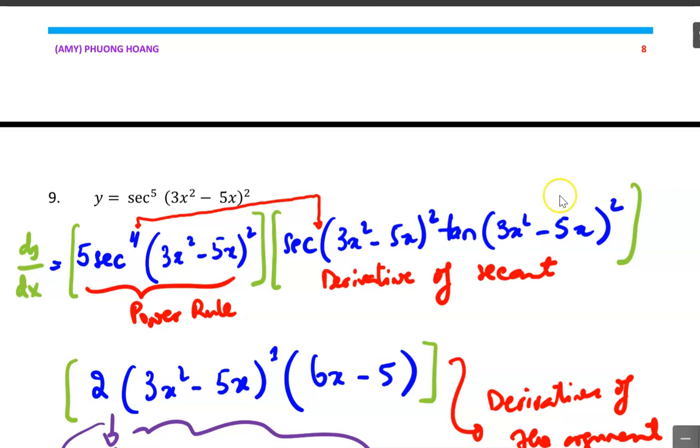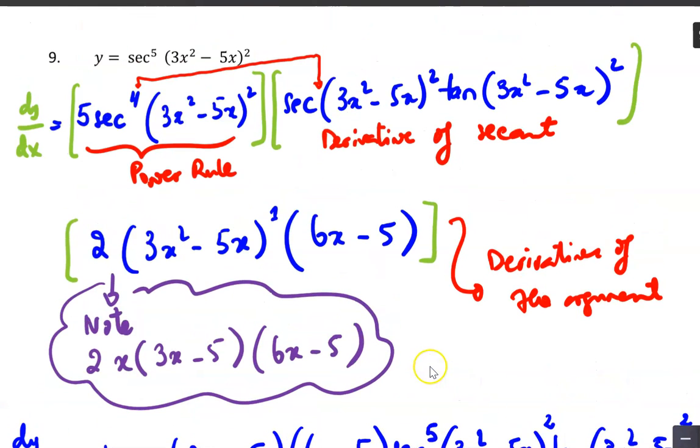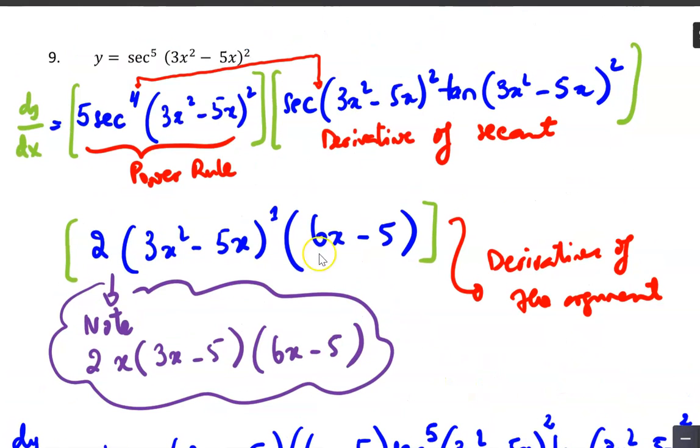And if you work with secant and cosecant, in the end you will have 2 secant here, right? Then you should combine them to make it 1 secant to exponent 5 in this case, because this is 4 and this is 1. Okay, so secant to exponent 5 of this argument comes from combining these two.